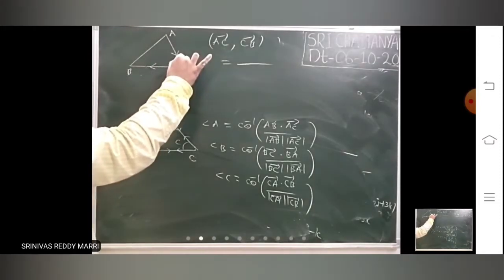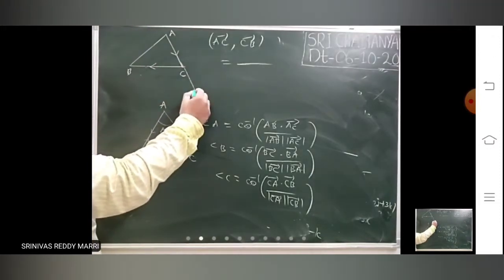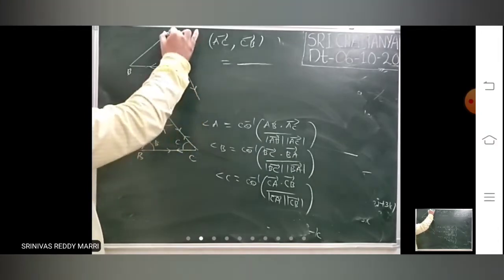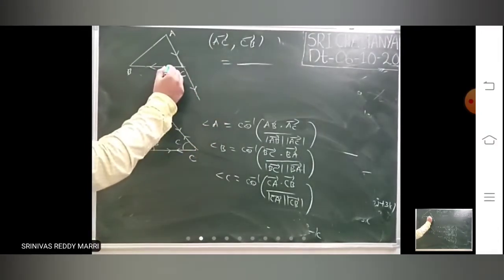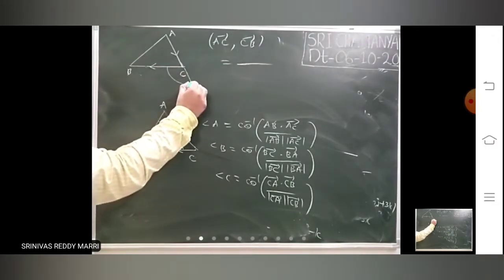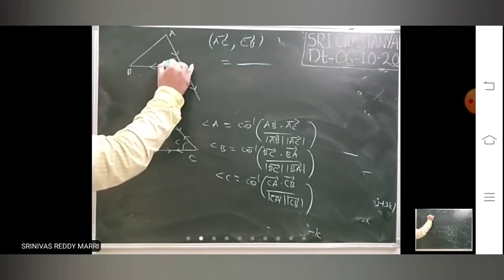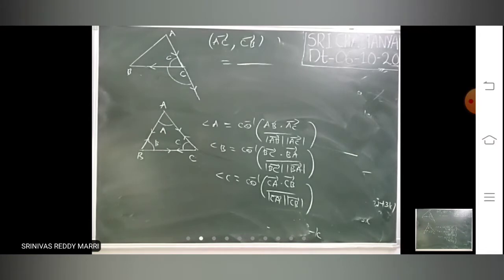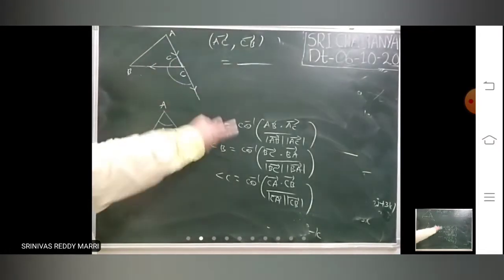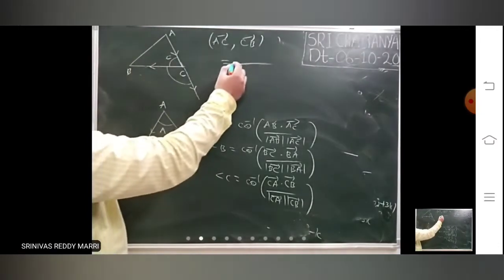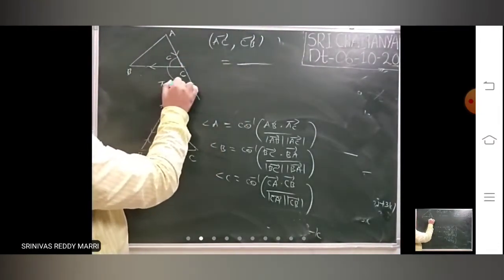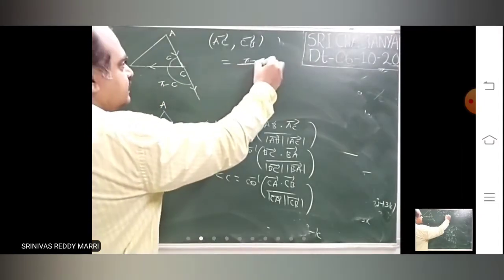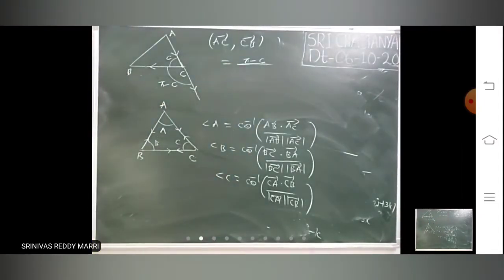We extend this direction. The angle in between these directions is this angle. You must not write C as the angle. If this is angle C, this is pi minus C. Your answer is pi minus C.